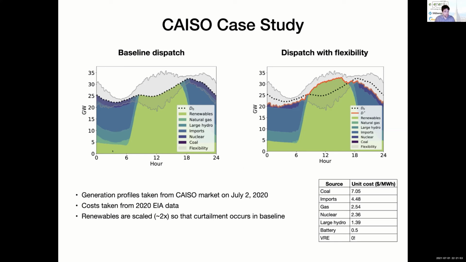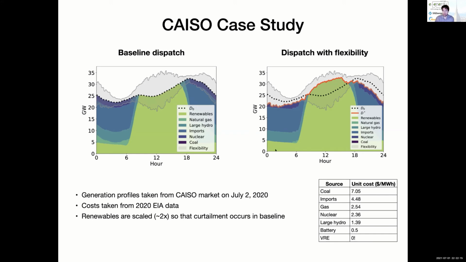And everything is from the actual data, except that I've scaled up these renewables roughly by 2 times so that we get a curtailment in the middle of the day. And finally, I've represented with this gray region the aggregate flexibility of all the loads in our market, and they're simulated, a demand side of the market that doesn't currently exist.